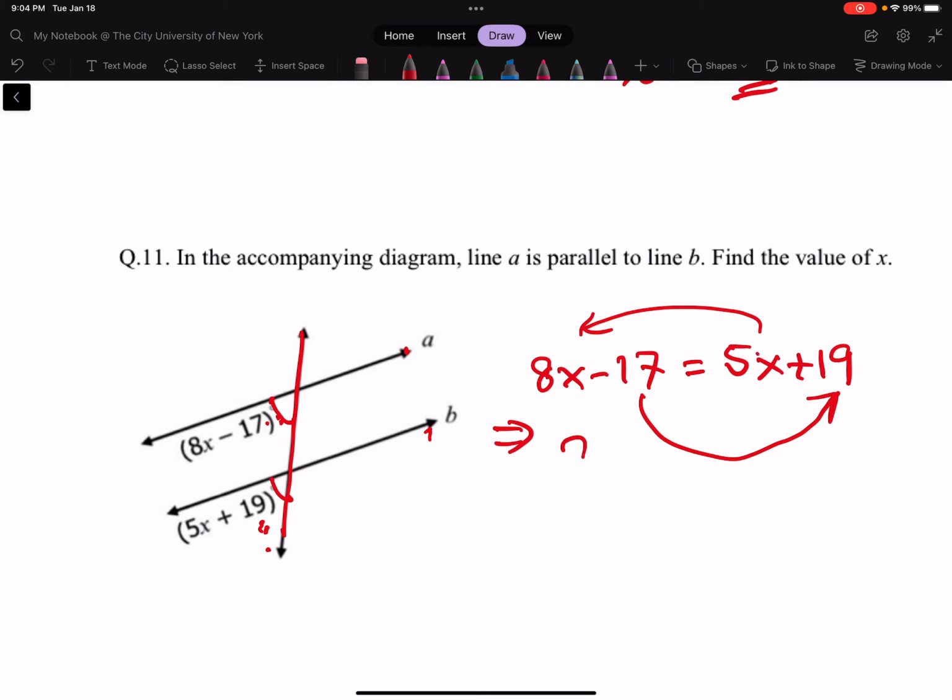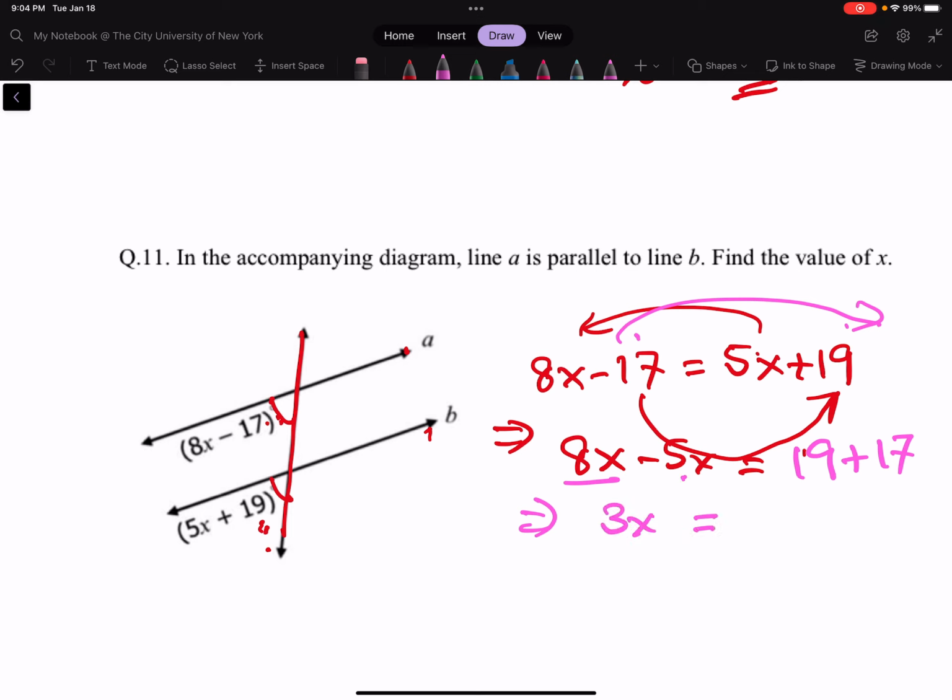So let's get all x's on one side and the constants on the other side. Once we shift this, the sign changes from negative to positive. So from 8x, if we take away 5x, we have 3x. And this becomes 16 plus 19, so 36. Once you divide by 3, we get x equals 12, okay?